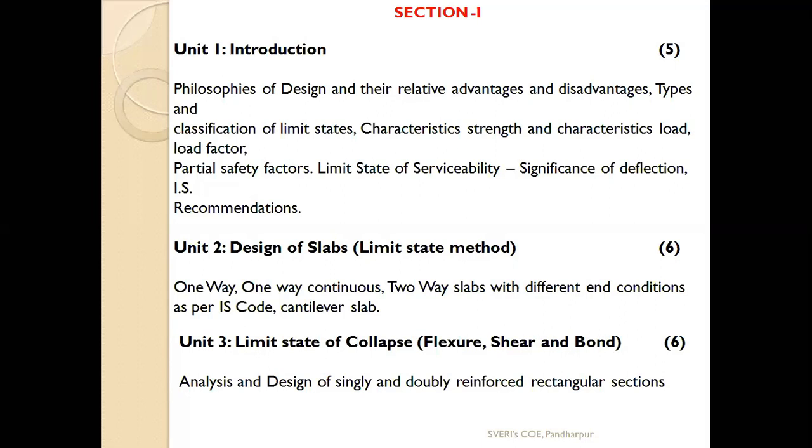Suppose you cast 100 cubes, each having a size of 15 by 15 by 15, that is 150 mm by 150 mm by 150 mm, or 15 centimeter by 15 centimeter by 15 centimeter. And you break all these cubes on a CTM machine, compression testing machine.